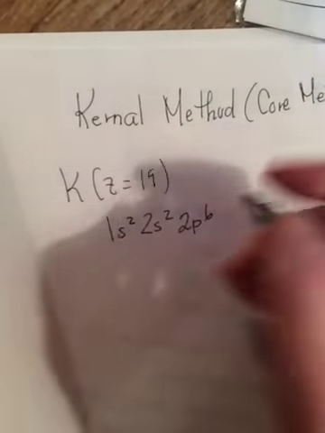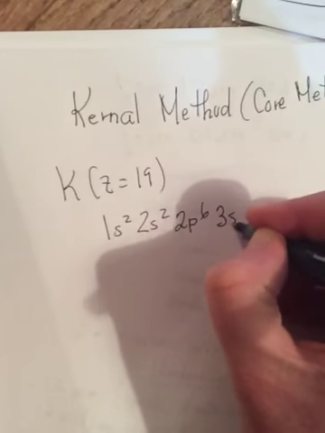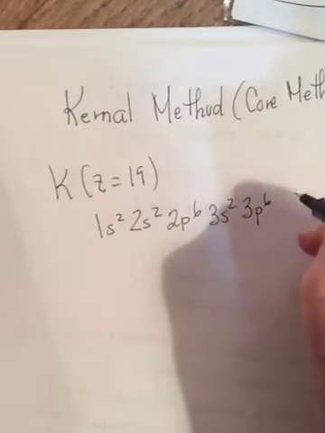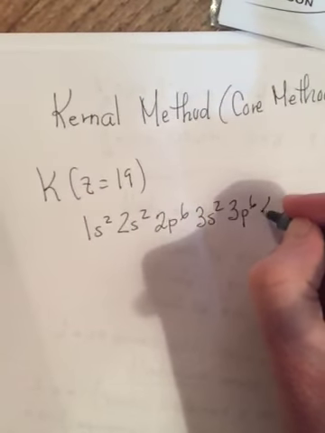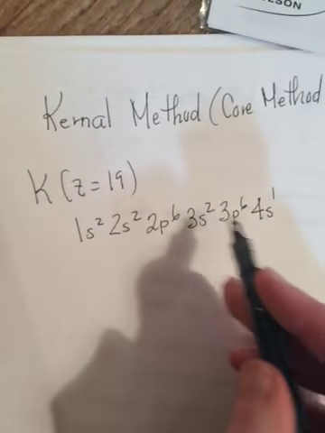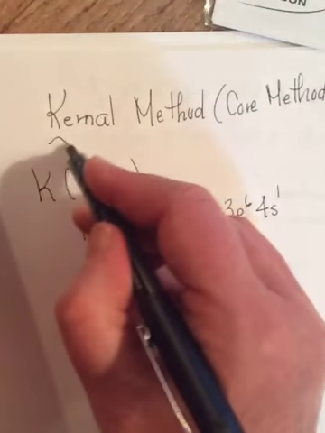I still have 9 more to go. 3s2, 3p6, now I'm at 18, so then I have one more, 4s1. That's potassium.